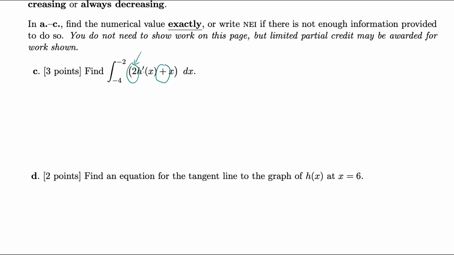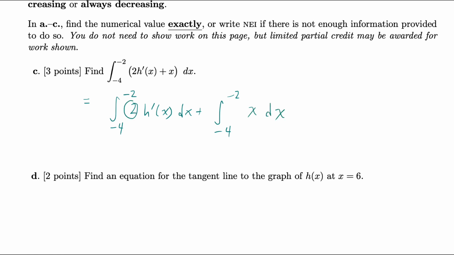Something to remember about integration is that with respect to addition, subtraction, or multiplying by just a number like 2 or some constant, integration behaves exactly like you want. So for example, we can use the plus to break down this integral into the integral from -4 to -2 of 2 times h prime of x dx plus the integral with the same bounds of x dx.